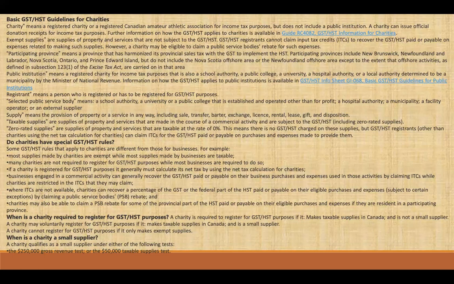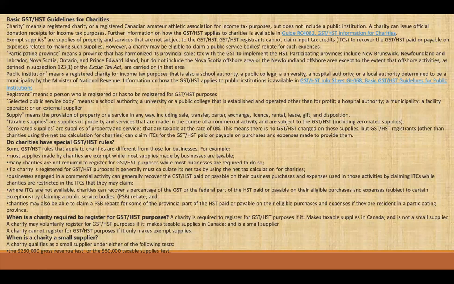So many charities are not required to register for GST or HST purposes, while most businesses are required to register for GST purposes. If a charity is registered for GST purposes, it generally must calculate its net tax by using the net tax calculation for charities.